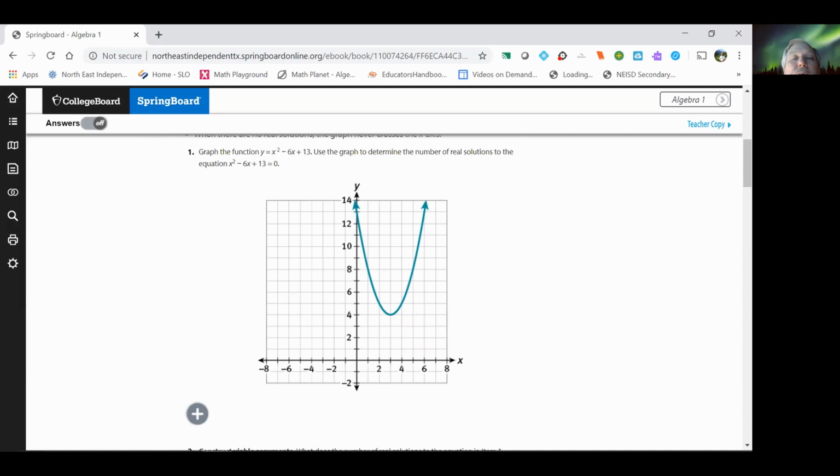Recall from a couple lessons ago that from the equation we can find the axis of symmetry. That formula is x equals, because remember the axis of symmetry is a vertical line, which is always x equals some value. So it's negative b over 2a.